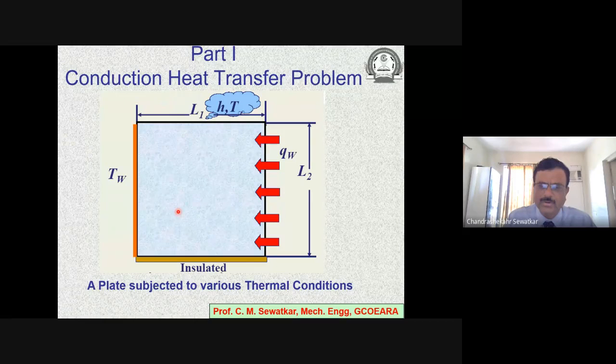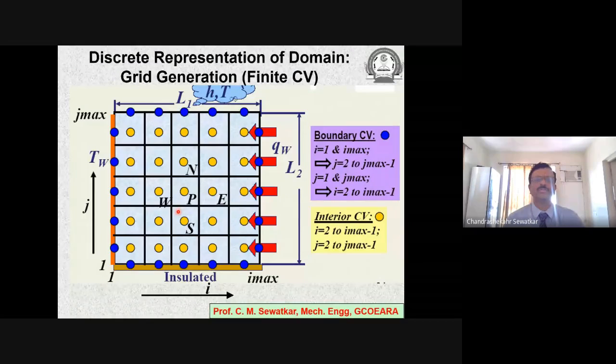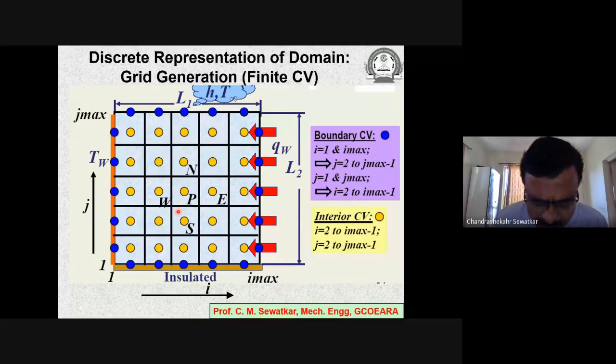So the most important and the first step in obtaining a solution to such a problem is the discrete representation of the domain and grid generation. Grid generation doesn't mean only dividing the entire domain into small control volumes. We need to obtain certain geometrical parameters as well.